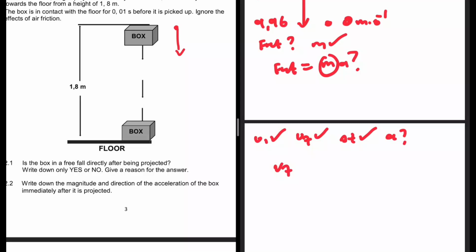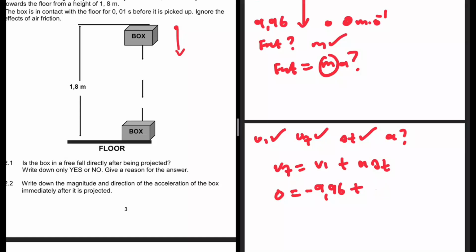So we're going to have Vf equals Vi plus a delta t. Let's keep taking up as positive. So we're going to have minus 9.96 equals, well, that is not the final velocity. The final velocity is 0. So we have 0 equals minus 9.96 plus the acceleration, which we're looking for.